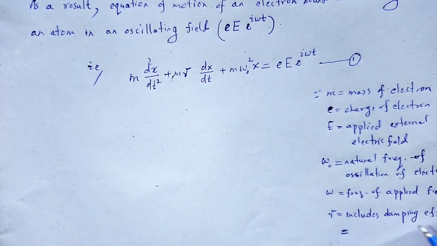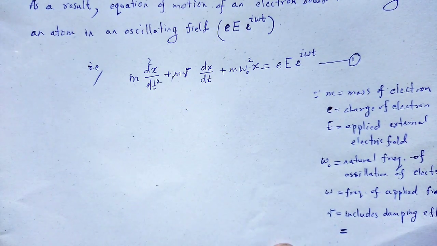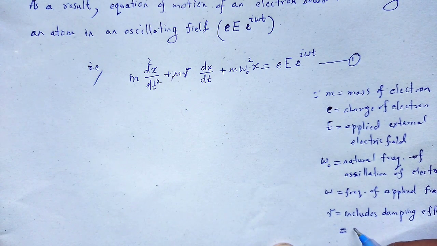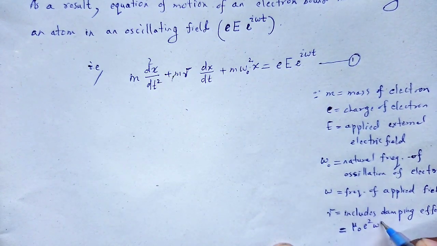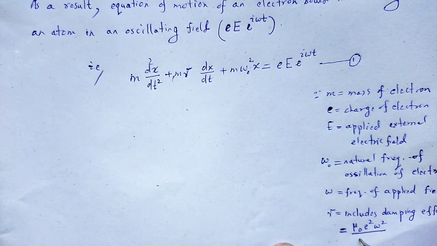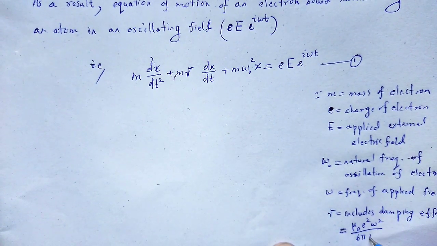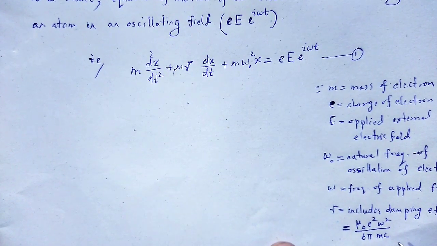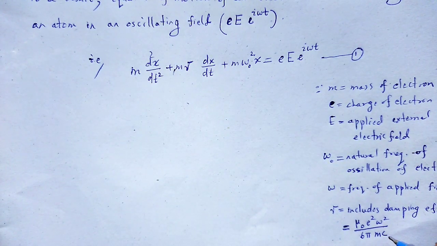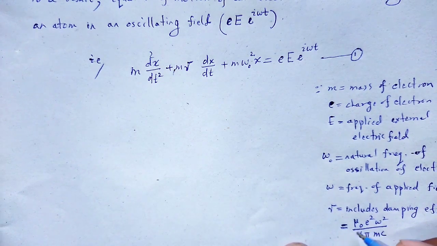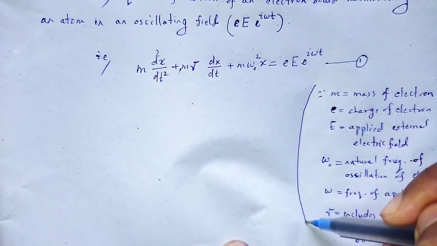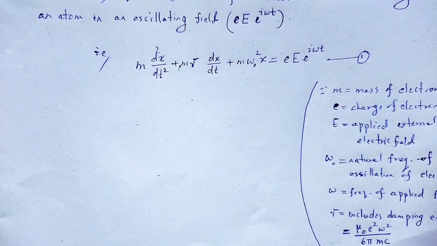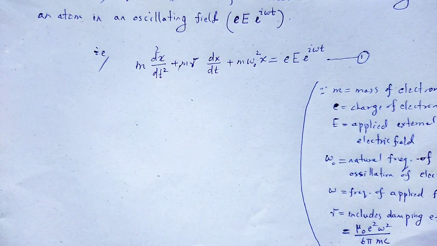We can relate gamma to the natural frequency, and it is equal to mu naught e squared omega squared divided by 6 pi m c, where c is the velocity of light and mu naught is the permeability. We have to know all these things.